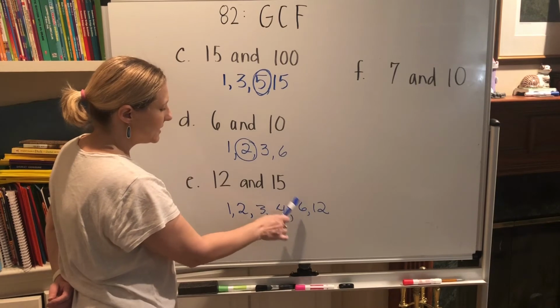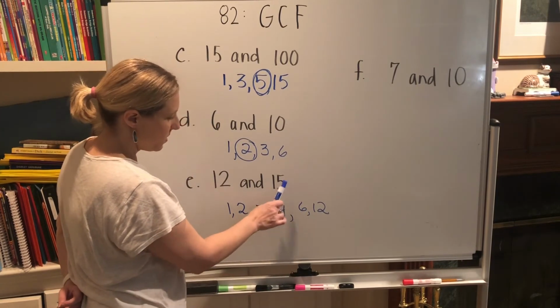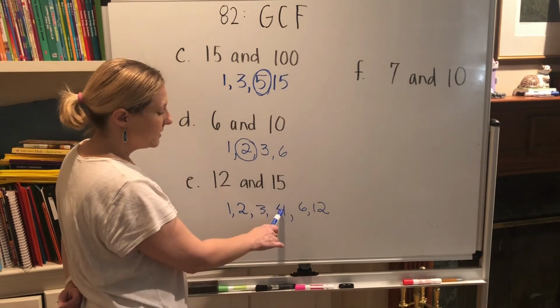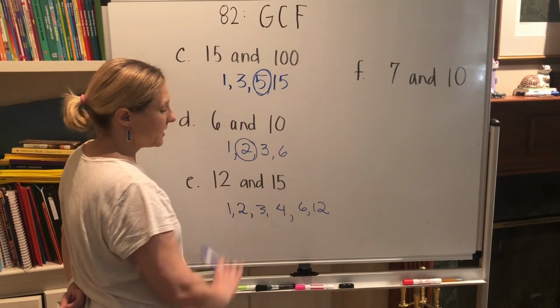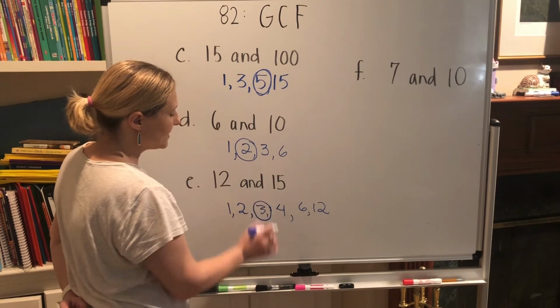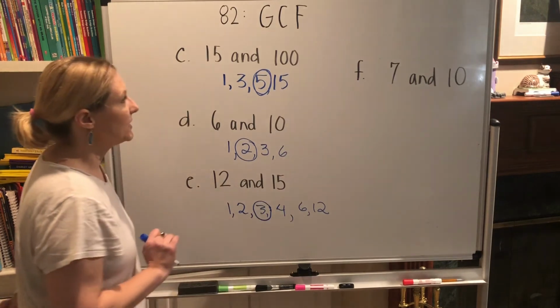No. Does 6 go into 15 evenly? Nope. Does 4 go into 15 evenly? Do you know any times table that equals 15 that has a 4 in it? No. Does 3 times something equal 15? Yes, 3 goes into 15 evenly, so that's our largest common factor between 12 and 15.